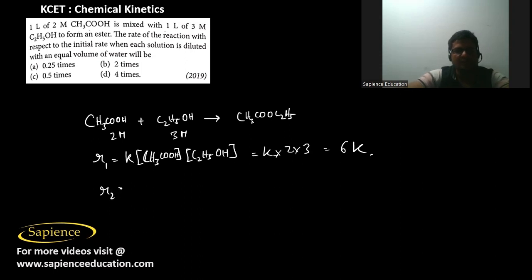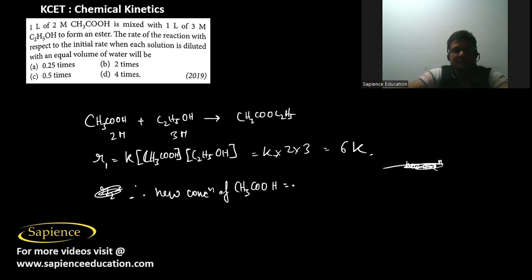And R2 is the final rate after each solution is diluted with an equal volume of water. So now we can say the new concentration of CH3COOH: 1 liter of 2 molar CH3COOH is taken, so 2 moles.